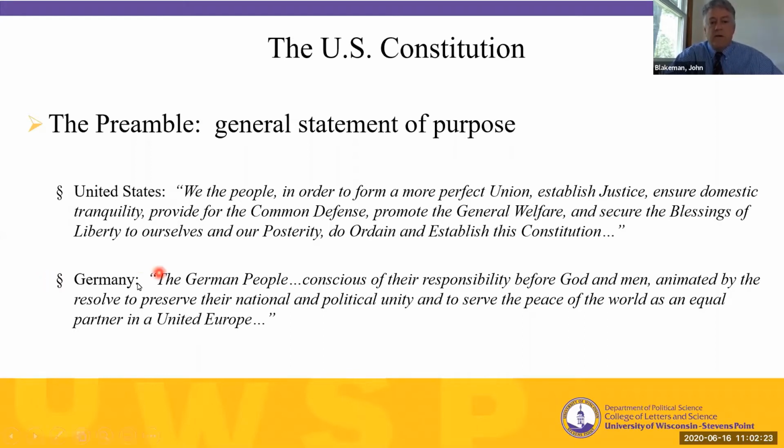A little different than ours, based on Germany's experience, but the German people, conscious of their responsibility before God and men, animated by the resolve to preserve their national and political unity and to serve the peace of the world as an equal partner in a united Europe. Preambles definitely mean something, and they give you a good sense of what a constitution, and what a people drafting that constitution, think about it.